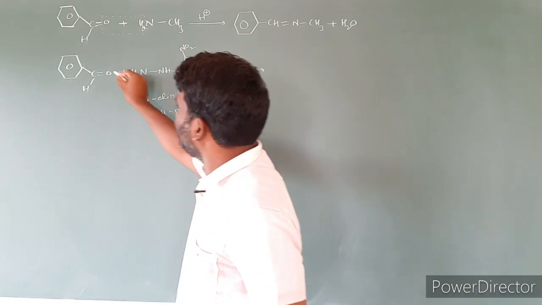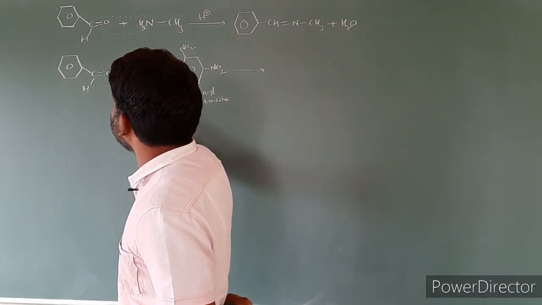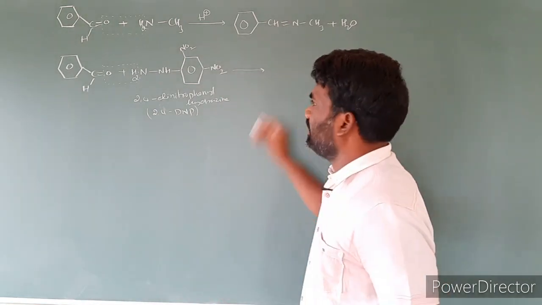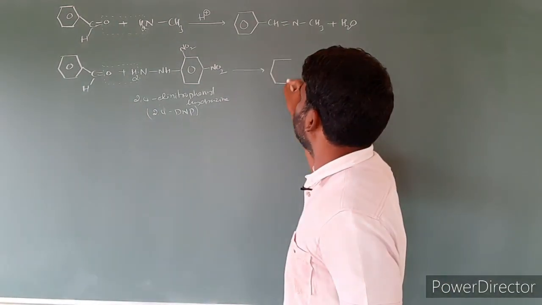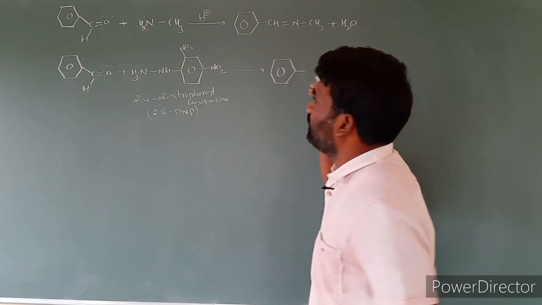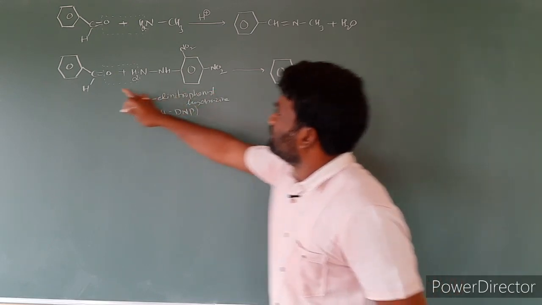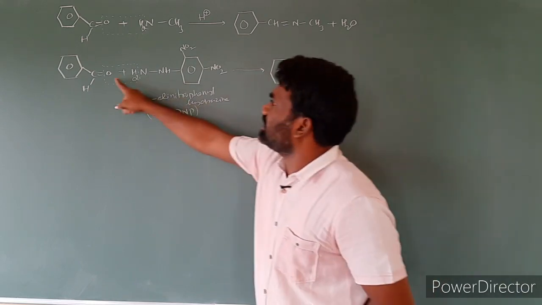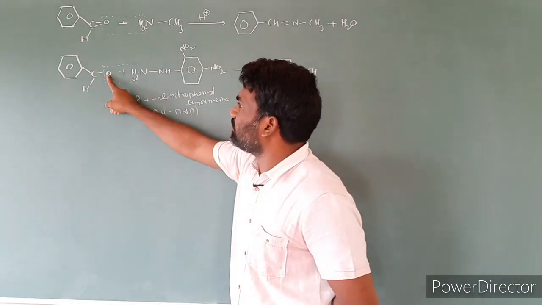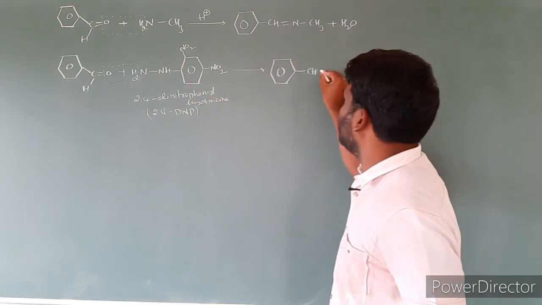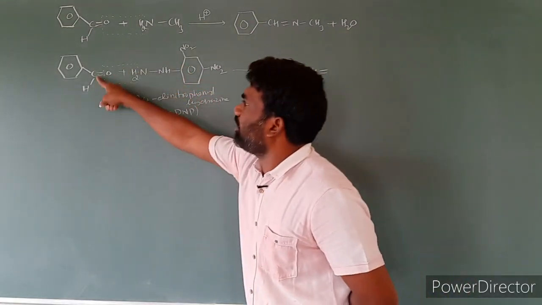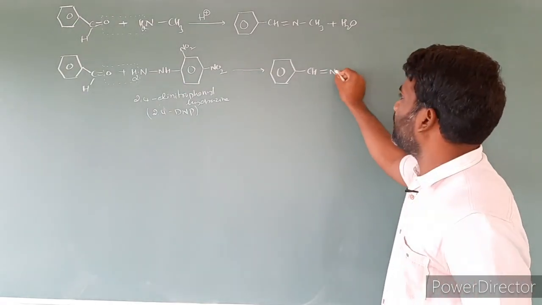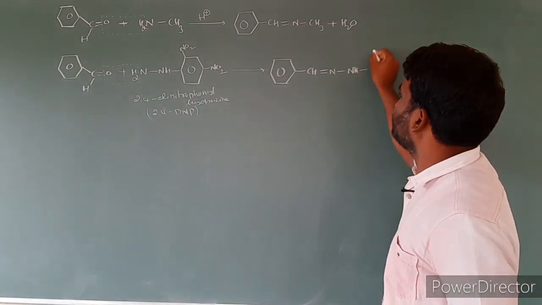What we have to do is eliminate this oxygen and these two hydrogens in the form of water. Then the product is a benzene ring, with CH, which is the carbon-hydrogen, double bonded to the nitrogen, then NH.